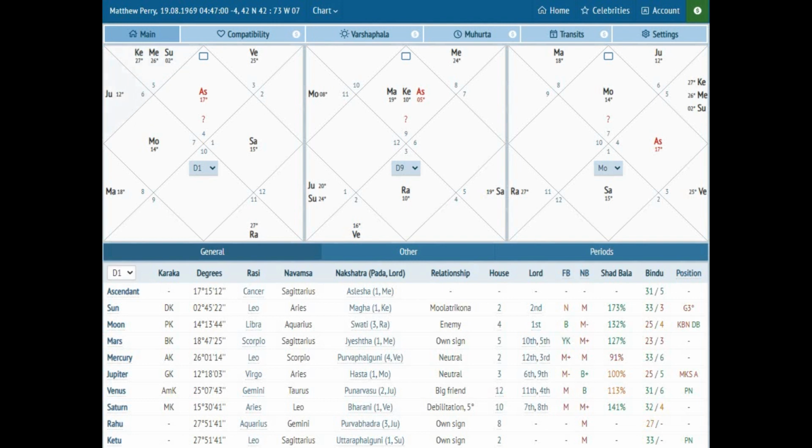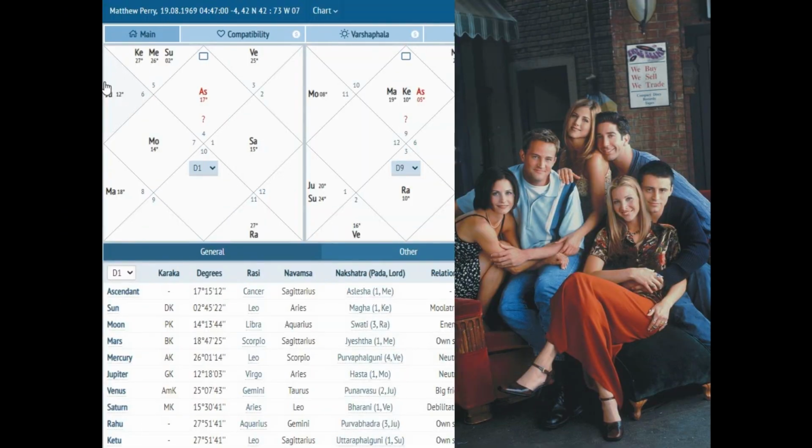Jupiter is in the third house. The third house is the house of the people who are surrounding you, and how they see you, like a mentally very wise person, because Jupiter stands for wisdom, knowledge, intelligence, and philosophy.